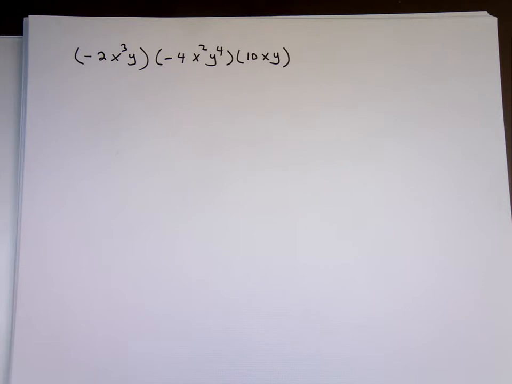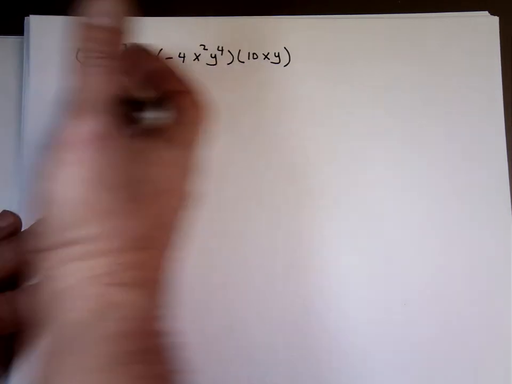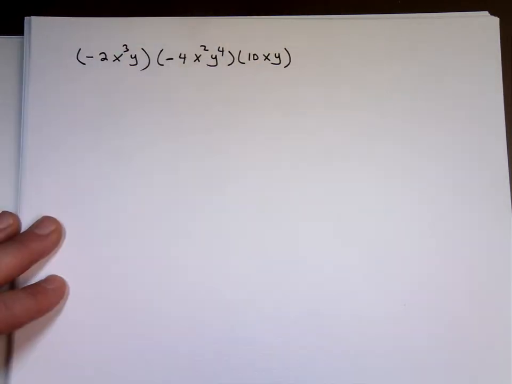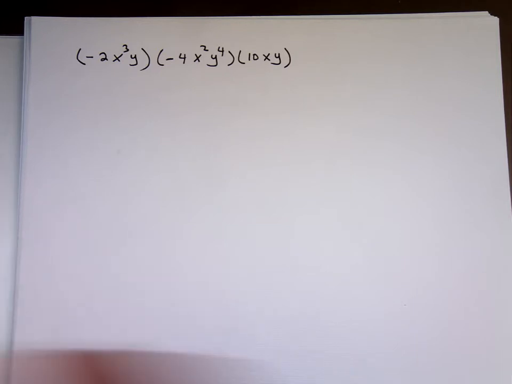Here's the good news. We multiply the numbers, add the exponents. What happens when you have three polynomials? Still the same procedure. Multiply the numbers.